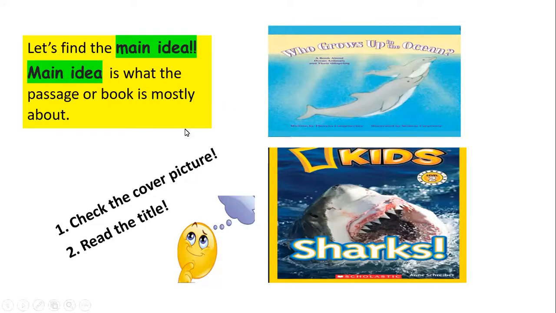How did we find the main idea? We check out the cover picture and we read the title. So now it's your turn to try it with this other book. Remember, check out the cover picture, read the title, then think, what is this book mostly about?